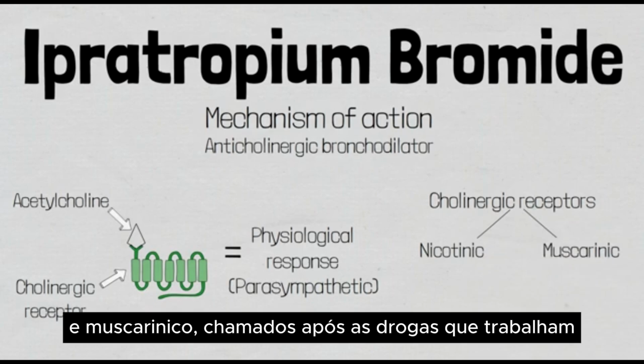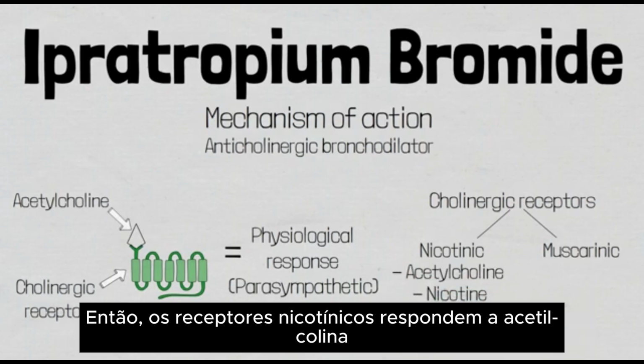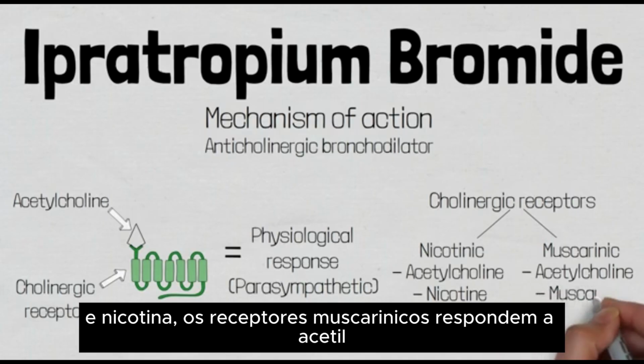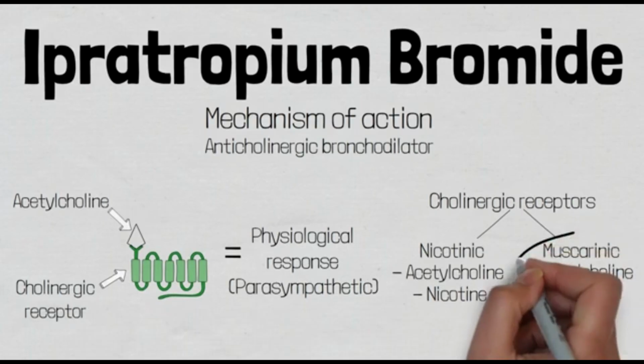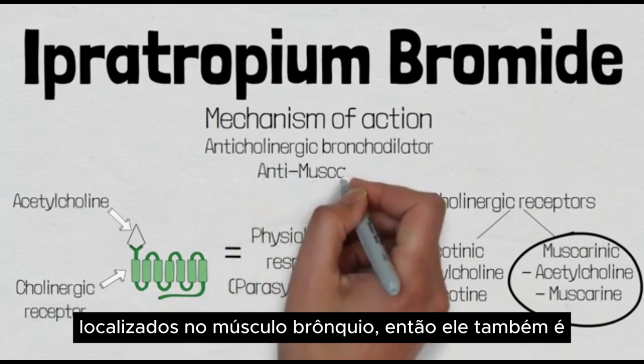So, nicotinic receptors respond to acetylcholine and nicotine. Muscarinic receptors respond to acetylcholine and muscarine. Ipratropium bromide targets muscarinic receptors located on the bronchial smooth muscle, so it is also known as an antimuscarinic.